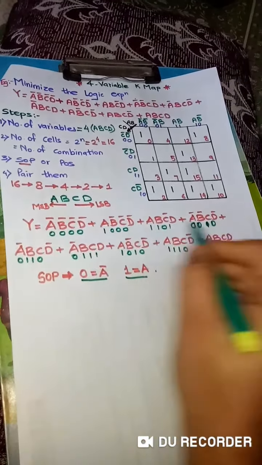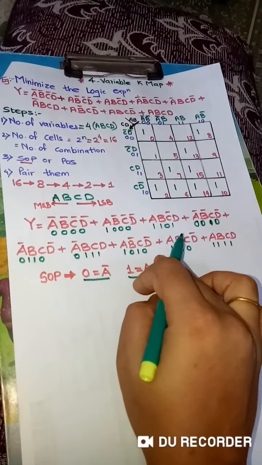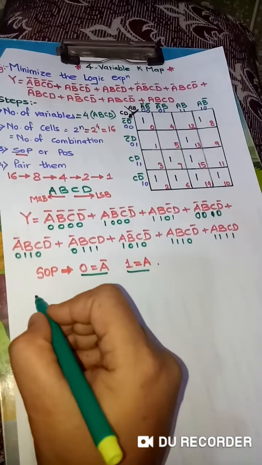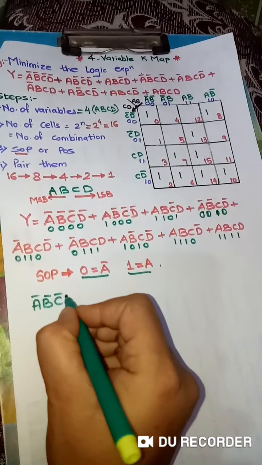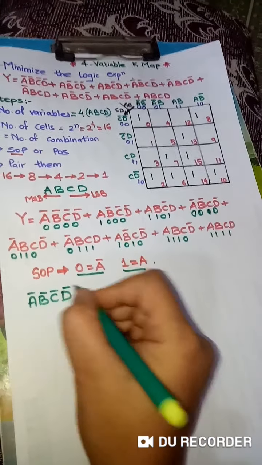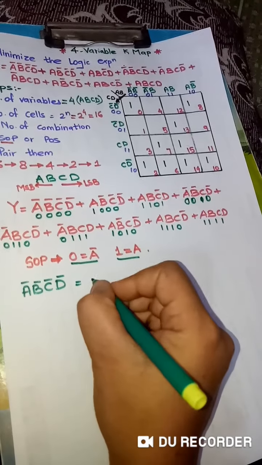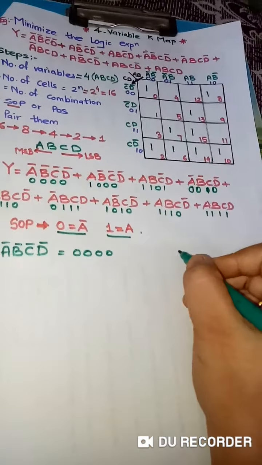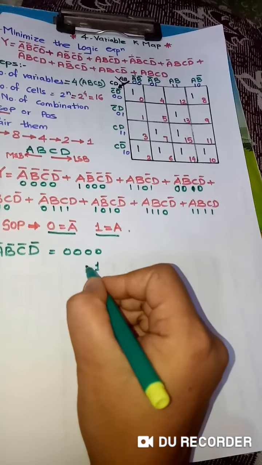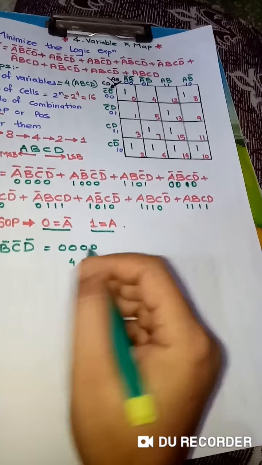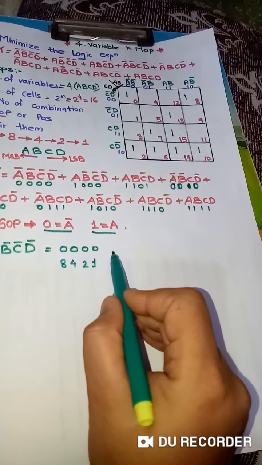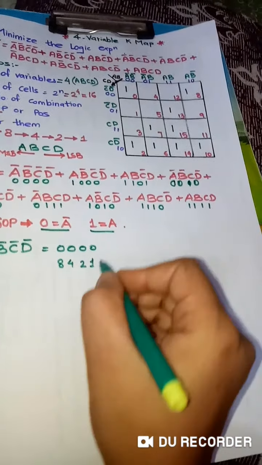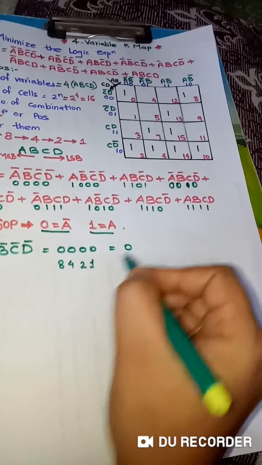Now you just need to convert these zeros and ones terms into their decimal equivalent. For example, for A bar, B bar, C bar, D bar, what have I written? I have written 0, 0, 0, 0. The shortcut method I follow is 1, 2, 4 and 8. All are zeros, meaning nothing is high, so it will be 0.